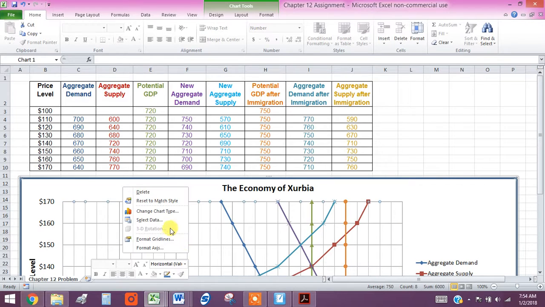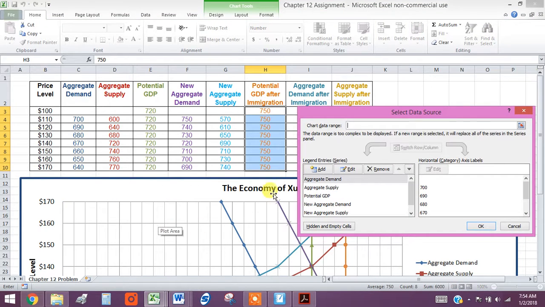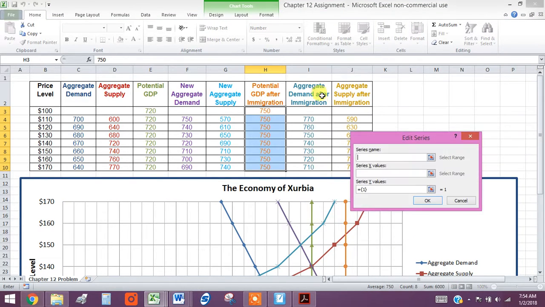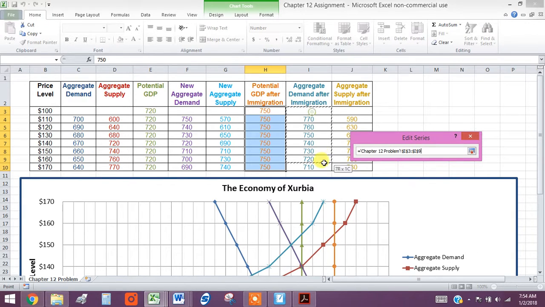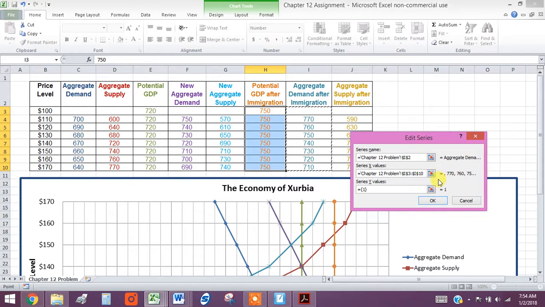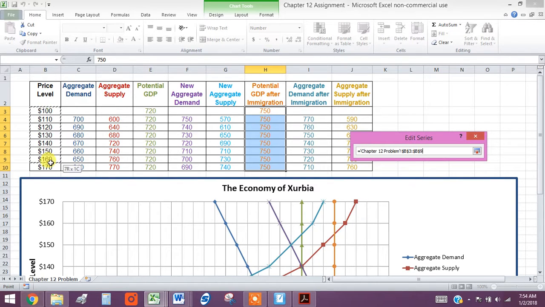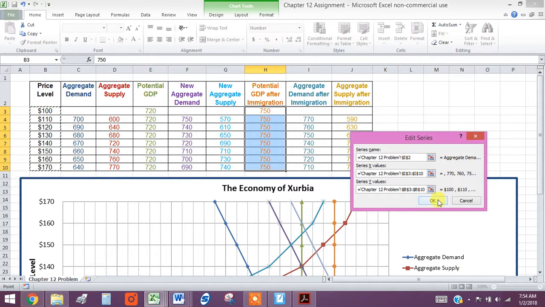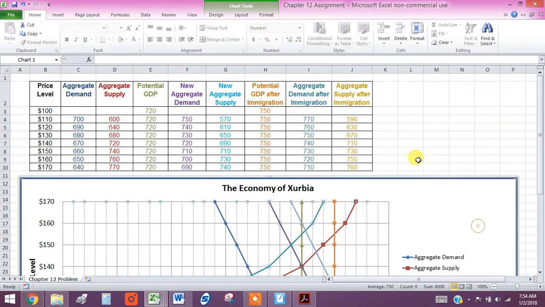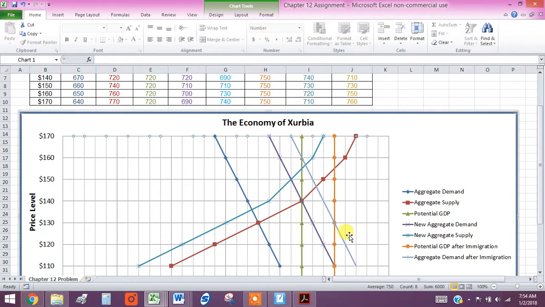Okay, now we're going to do our aggregate demand after immigration. I'm going to do this really quickly because you guys should have this down by now. Add, click, select, click again, select, click again, okay, there it is, right there. Okay.